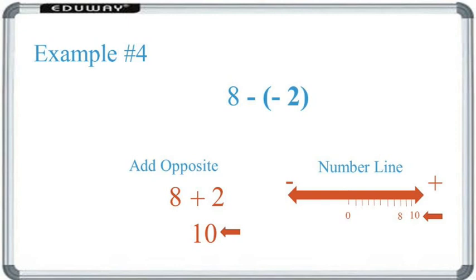In this case, my second number is negative 2. The opposite of negative 2 is positive 2. Now you solve like a regular addition of integers problem. 8 plus 2 is 10. So the answer is 10.